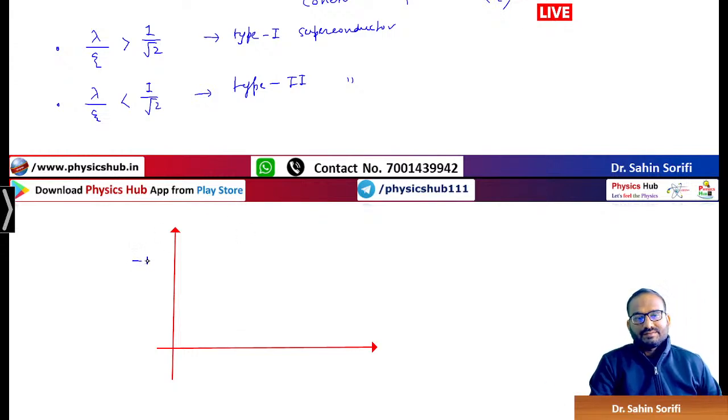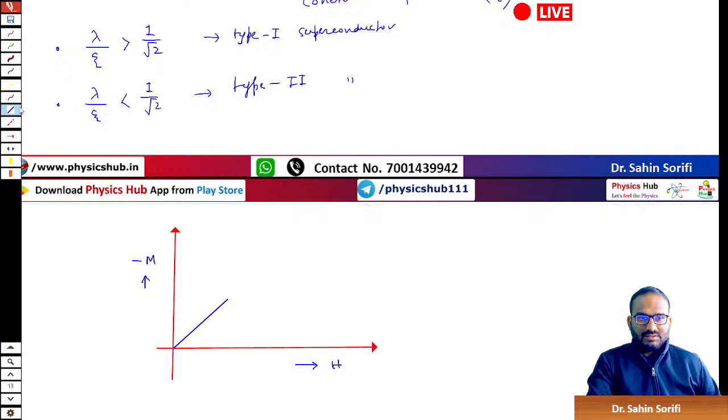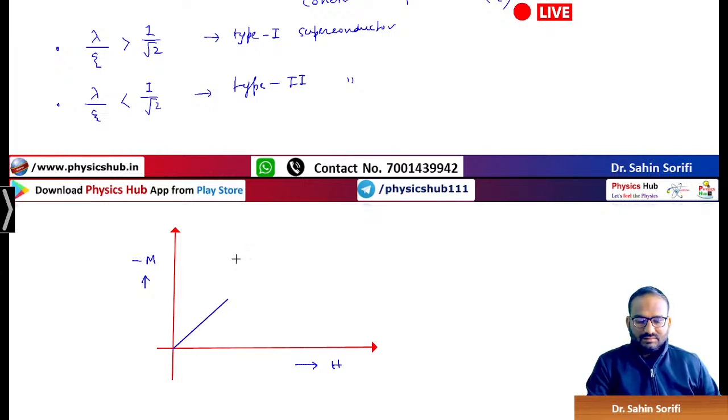We have minus M along the y-axis and H along the x-axis. It is like this. It should have gone straight. So that is a particular parameter, 1 upon root 2. Remember it for the time being.